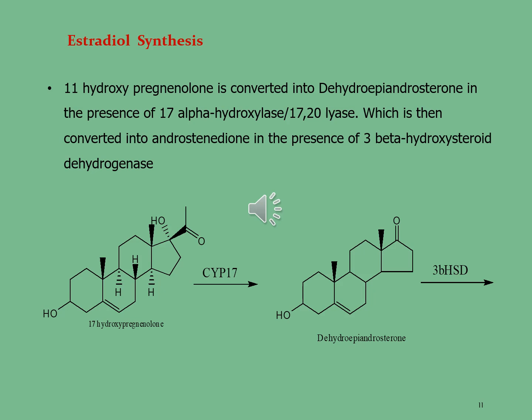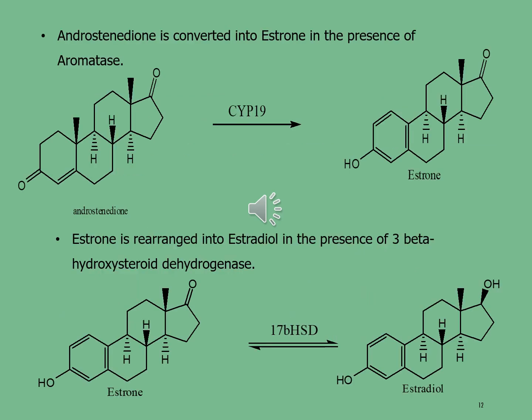So this molecule is known as dehydroepiandrosterone, which is further converted into the next molecule by the effect of the enzyme 3-BHSD. In the second step, androstenedione is converted into estrone in the presence of the aromatase enzyme, which is abbreviated as CYP19.